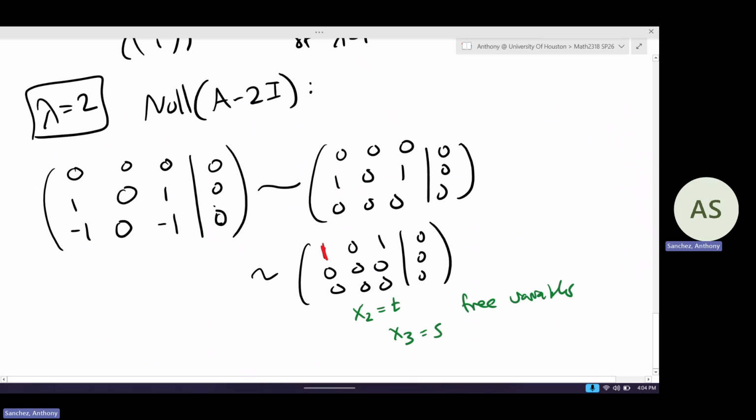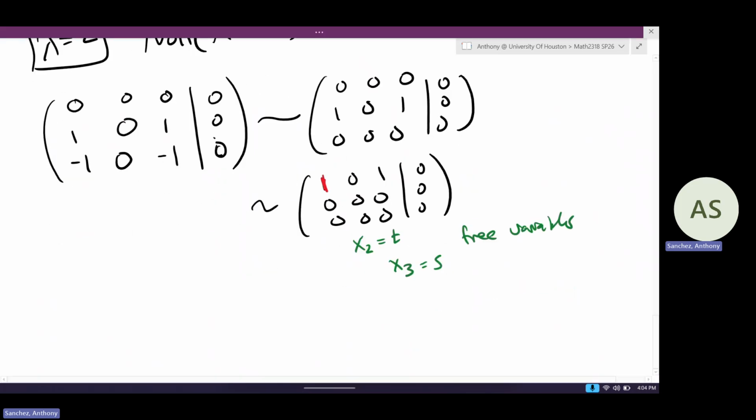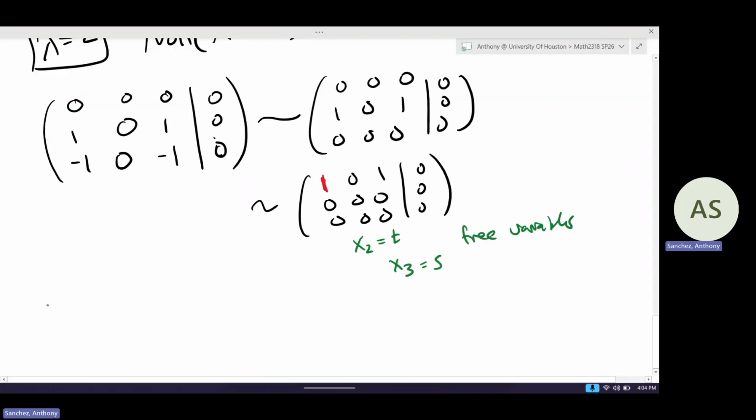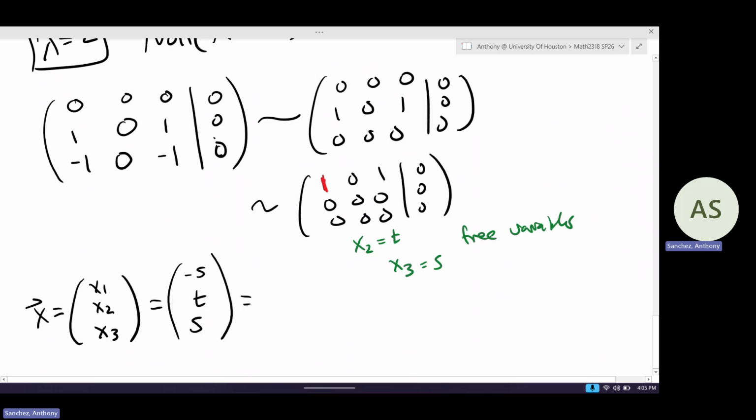I can now solve for the solution of this. The general solution x is going to be x1, x2, x3. X3 you told me was s, x2 you told me was t, and x1 is going to be negative s, I think. Yeah, negative s. I separate this into the s parts. How many s parts do I have?